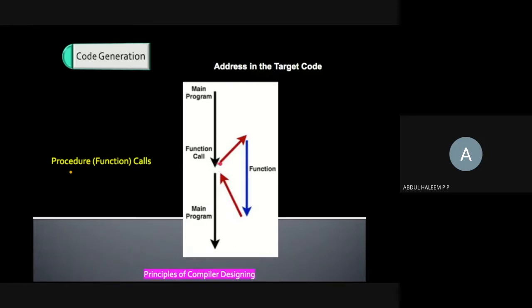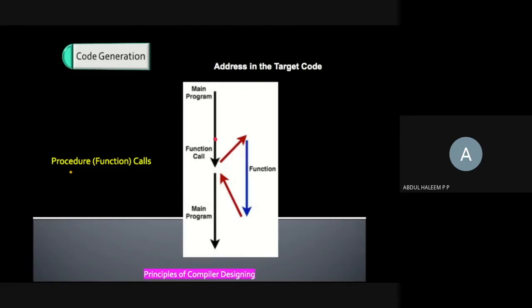So when this function is getting called, before executing this function itself, the system will have to store the return address. The return address will be kept in the initial part of the activation record for this function.